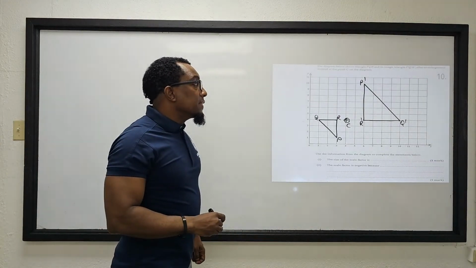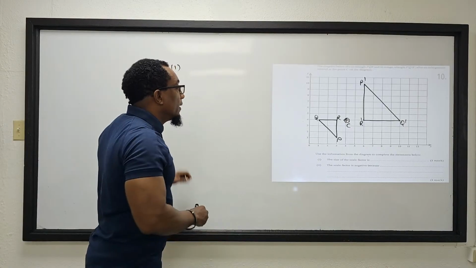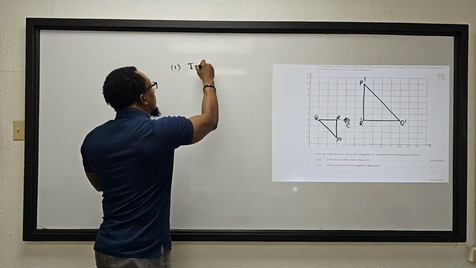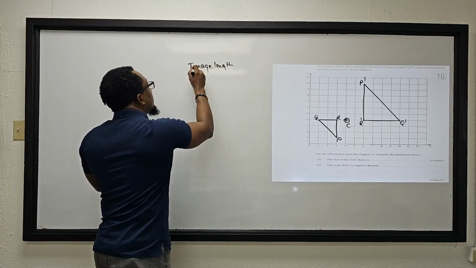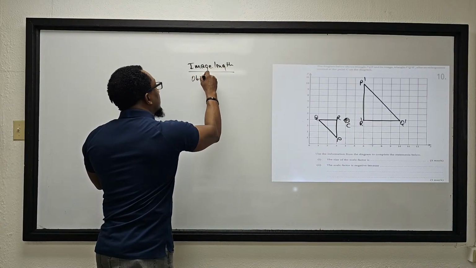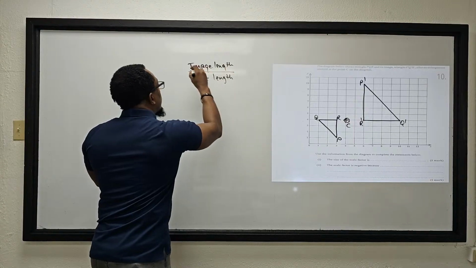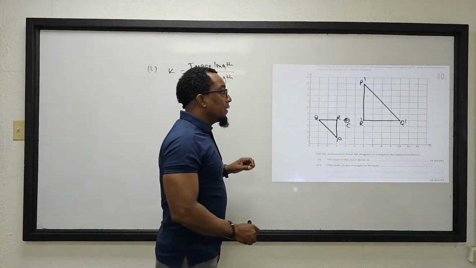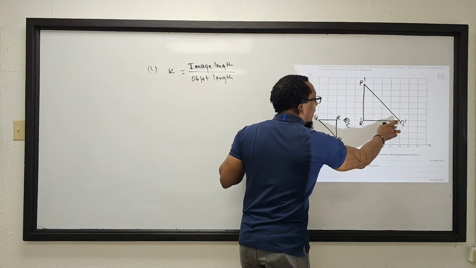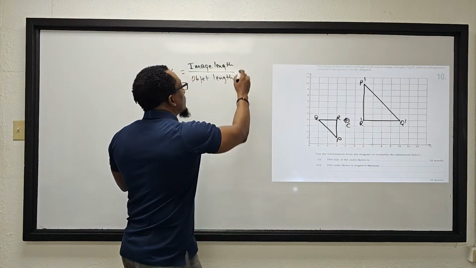state the size of the scale factor. So this will be image length over object length, which is the scale factor K. Good? And the image here will be R prime Q prime.